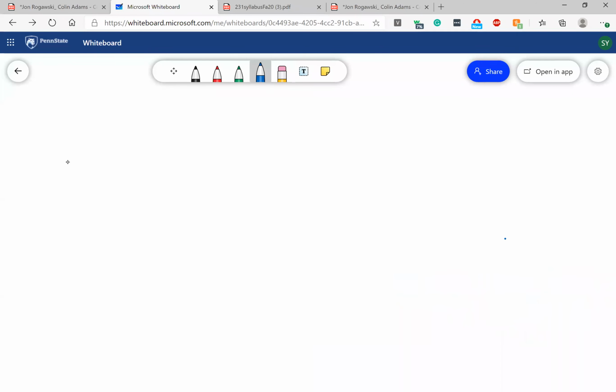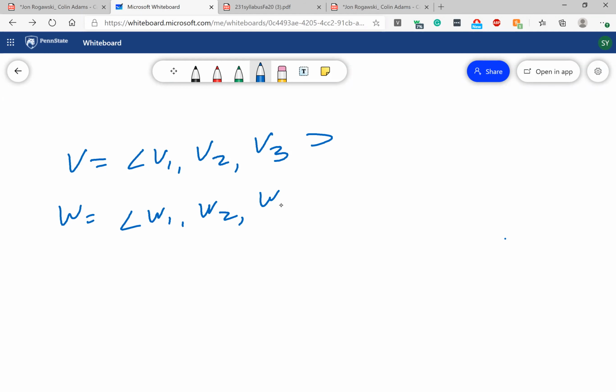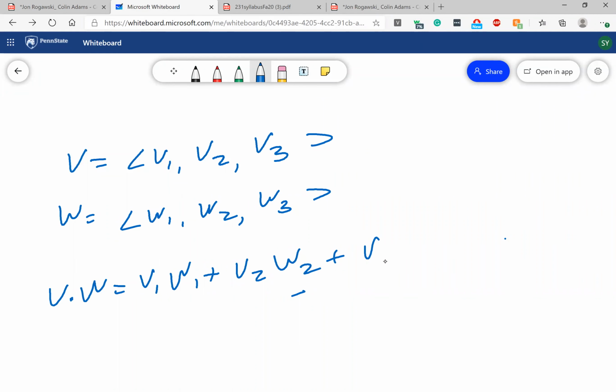Okay, perfect. So let's say we have the vector v, which is equal to v1, v2, and v3. And we have the vector w, which is equal to w1, w2, and w3. Then the dot product between them, v dotted with w, is going to be the first component of v times the first component of w, plus the second component of v, v2, times the second component of w, plus the third component of v times the third component of w.